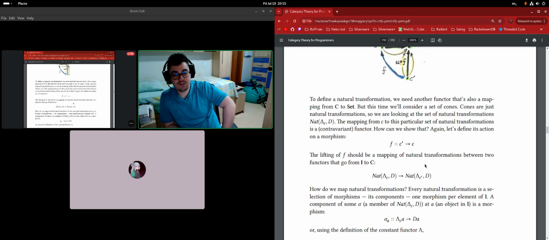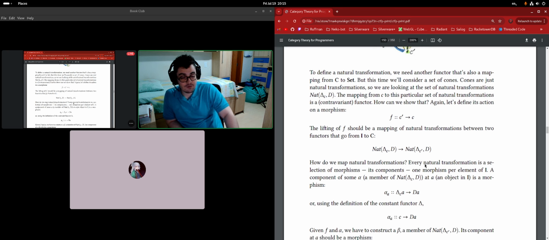Okay, this could be better written then. How do we map natural transformations? Every natural transformation is a selection of morphisms, its components. One morphism per element of I. A component of some alpha, a member of the set of natural transformations. Oh, actually, I said it wrong.